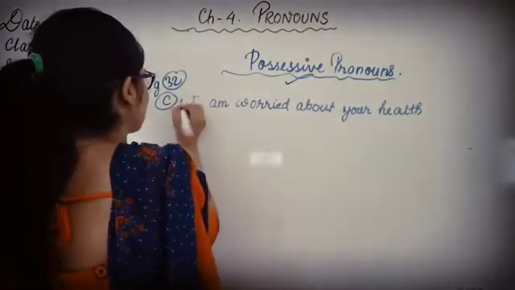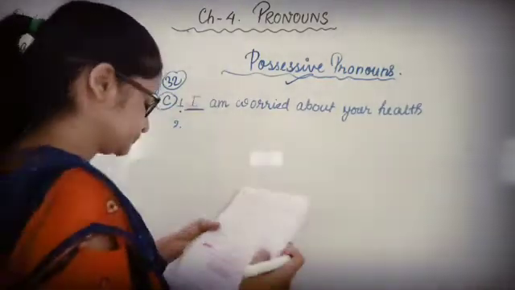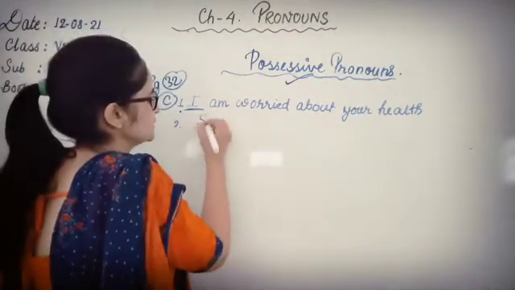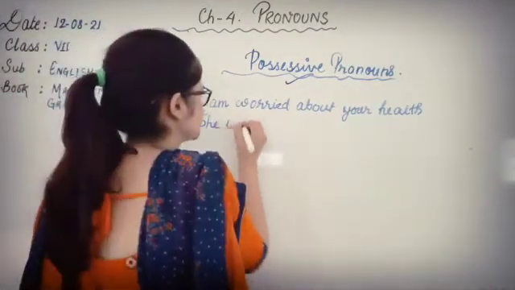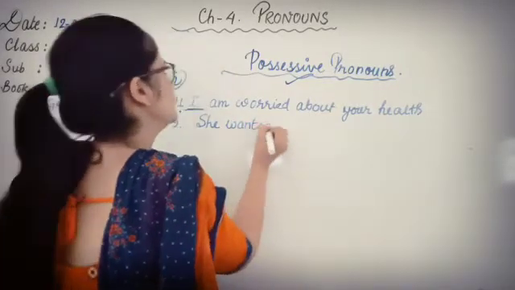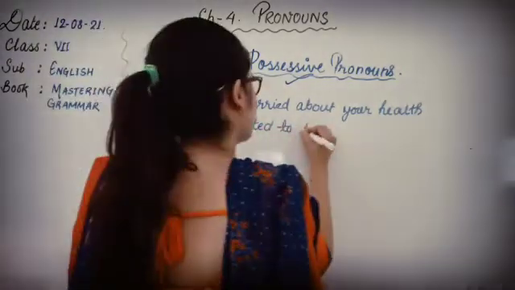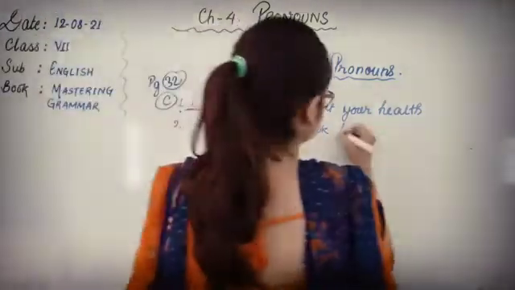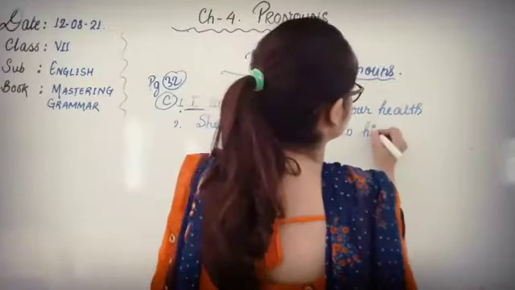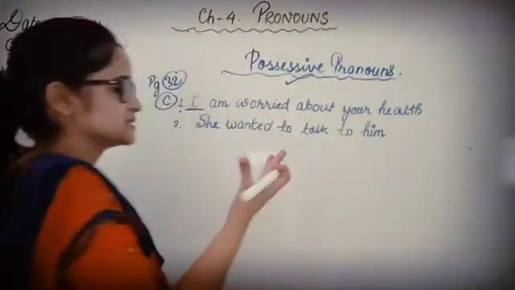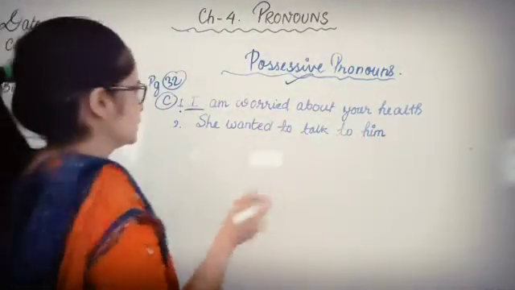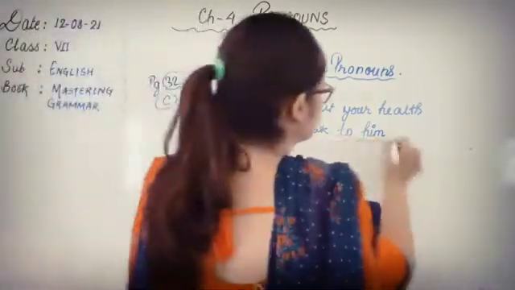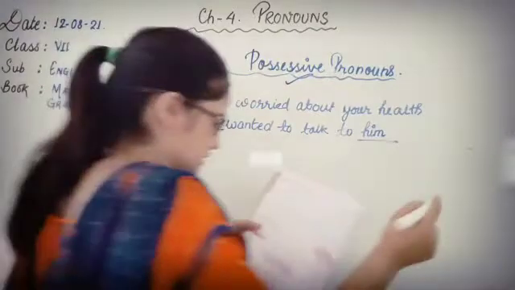Now this was one. Number two now. Dash wanted to talk. She wanted to talk. You can also use here, she wanted to talk to him. You can use any object, personal objective pronoun here. Objective pronoun you can use. So here you can see, him you have used here.